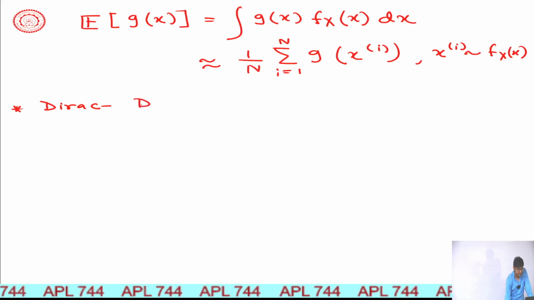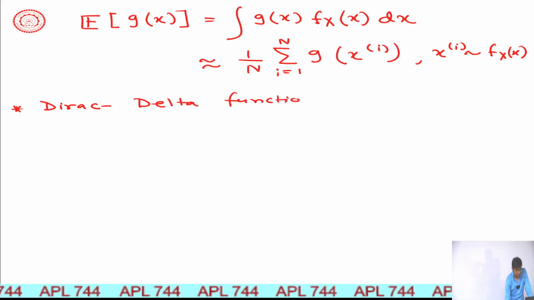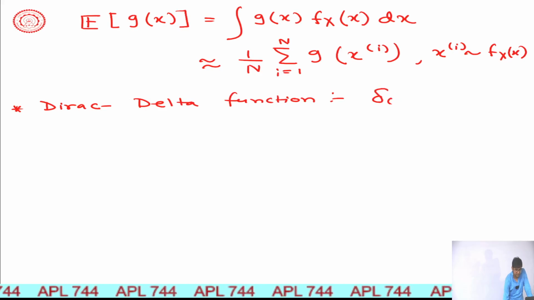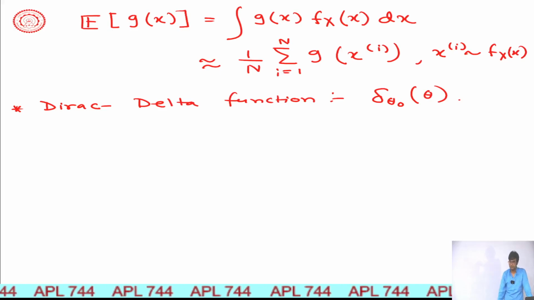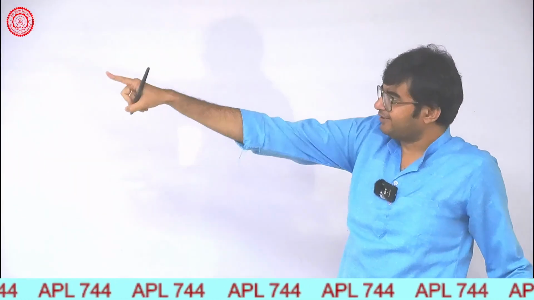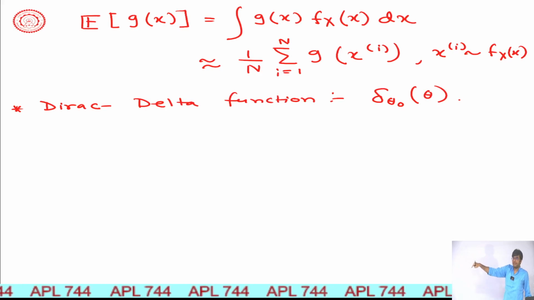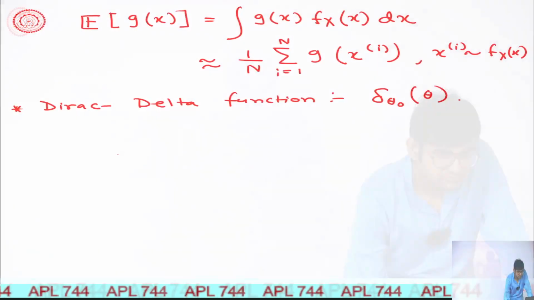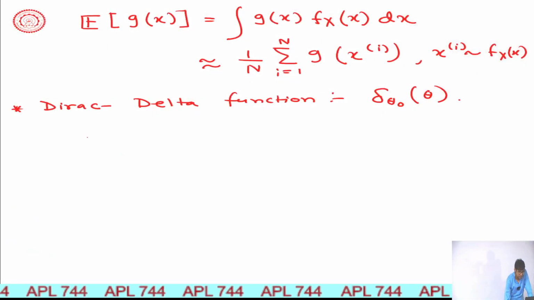Dirac delta function has many utilities. I will write it as delta of theta naught minus theta, which means it will peak when theta is equal to theta naught. Everywhere else it will go to 0. So how do you define it?